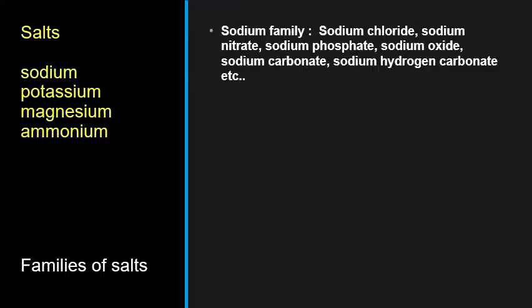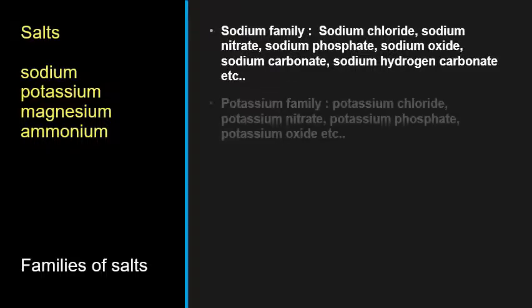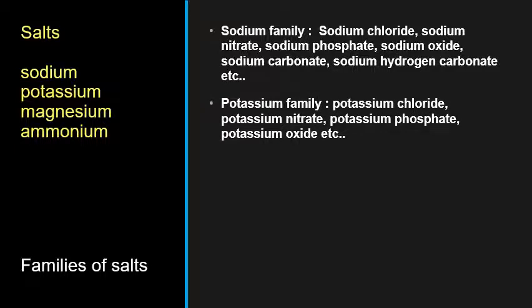Let us take first the sodium family. That means sodium chloride, sodium nitrate, sodium phosphate, sodium oxide, sodium carbonate, sodium hydrogen carbonate, like that. If you take potassium also: potassium chloride, potassium nitrate, potassium phosphate, potassium oxide, like that several potassium salts.